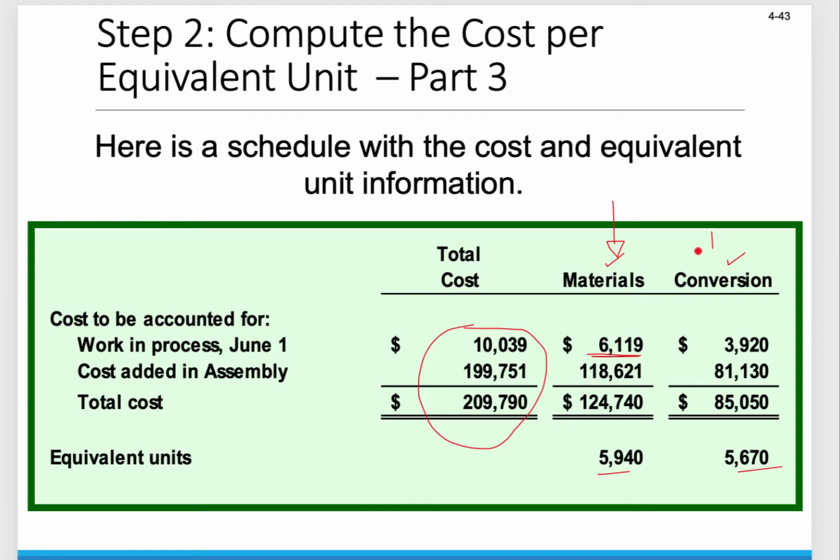With respect to conversion costs, what are my total conversion costs? That's easy. They already told us what the cost of beginning WIP is. It's $39.20. To that we need to add the cost added during the period. Well, with respect to conversion costs, we added $81,130.